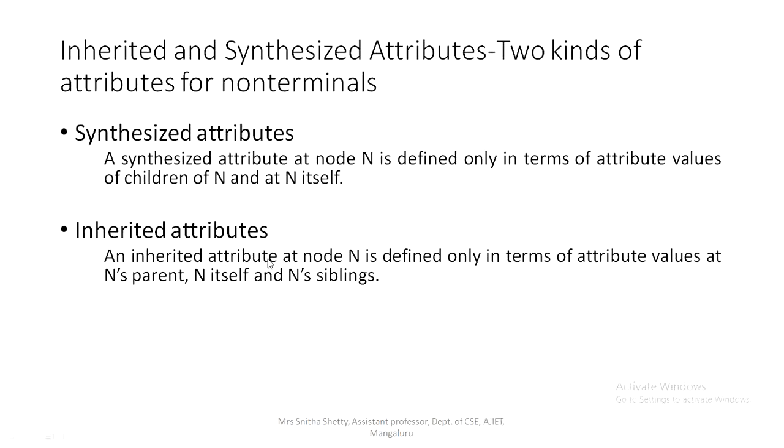Inherited means an inherited attribute at node n is defined only in terms of attribute values at n's parent, n itself and n's siblings. So inherited attributes come from the parent, can remain in that node or go to its siblings. Synthesized means the attribute is given for that node only, or the children of that node.